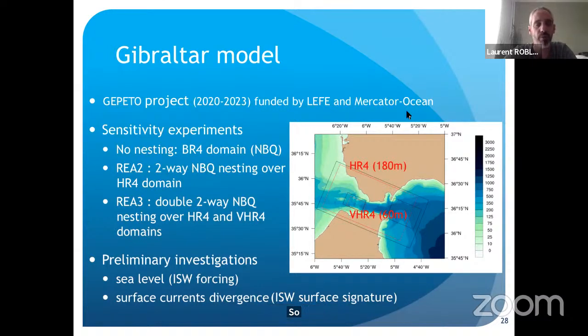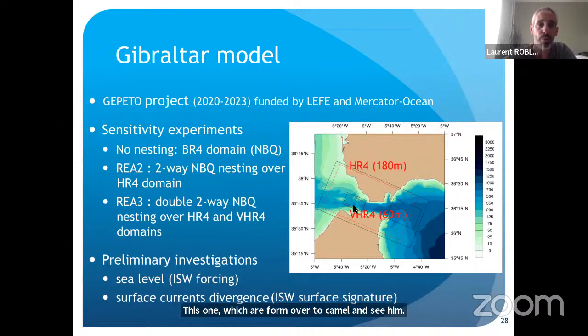And we have an experiment with one child grid with a two-way exchange, including updates of NBQ variables. This is the RIA2 experiment. And we have the same experiment with the latest grid, this one, VHR4, over the Camarinal Sill.